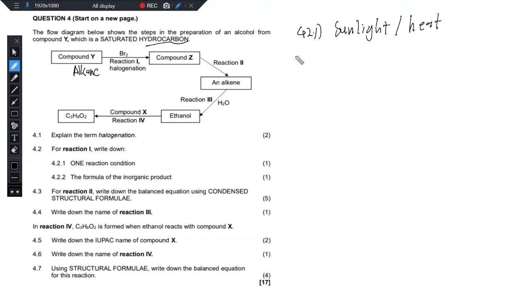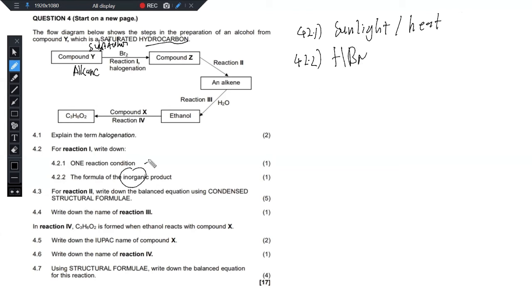In 4.2.2, they ask for the formula of the inorganic product. Remember, this is a substitution reaction, where we take a hydrogen atom and replace it with a bromine atom. The hydrogen will react with the other bromine atom in here, so the inorganic product should be HBr.